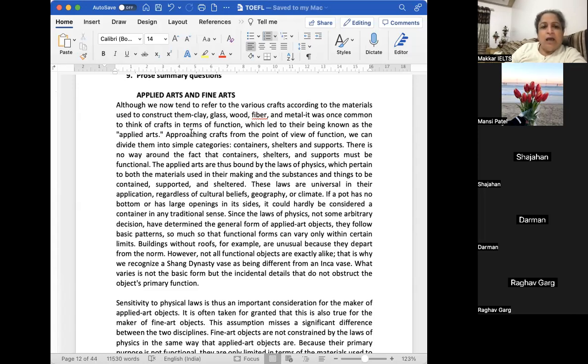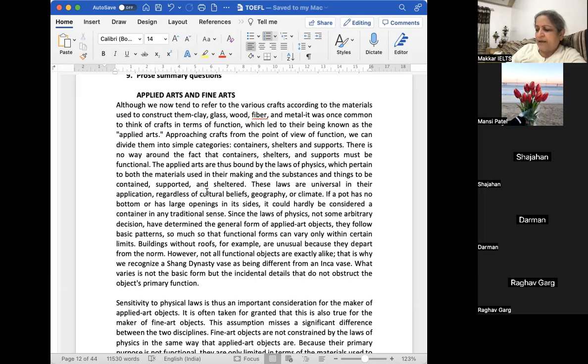Approaching crafts from the point of view of function, we can divide them into simple categories: containers, shelters, and supports. There is no way around the fact that containers, shelters, and supports must be functional. The applied arts, thus, are bound by the laws of physics, which pertain to both the material used in the making and the substances and things to be contained, supported, and sheltered.